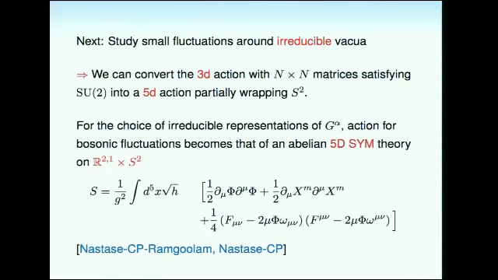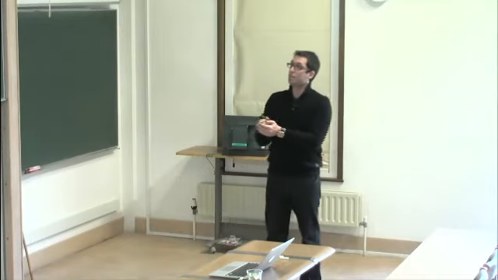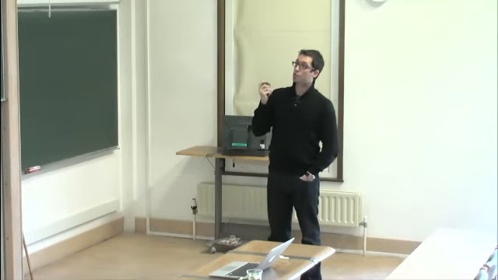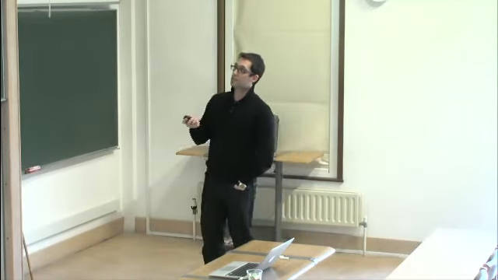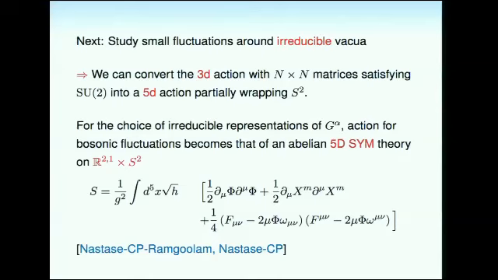It turns out that using this map, this correspondence, if you wish, between these large N matrix algebras and algebras of functions on the smooth S2 geometry, you can convert this 3D action with N by N matrices satisfying these SU(2) commutation relations into a 5-dimensional action, partially wrapping the S2. And for the choice of irreducible representations that we just discussed, the action for bosonic fluctuations ends up becoming exactly that of just a Maxwell theory in 5 dimensions, partially wrapping S2.